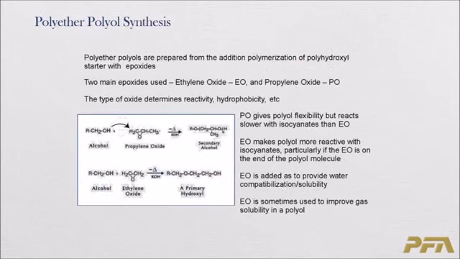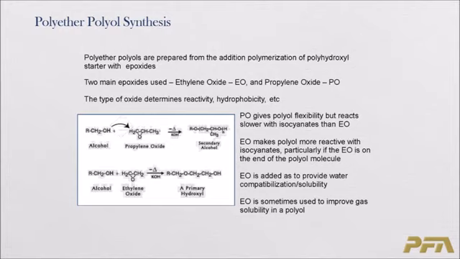So as I said, there's a lot of variables here, much more so than on the isocyanate side. Just going through some of those things we talked about, the two main epoxides that are used are propylene oxide and ethylene oxide. You start out with the alcohol. If you use propylene oxide, you generate a secondary hydroxyl. If I use ethylene oxide, I generate a primary hydroxyl.